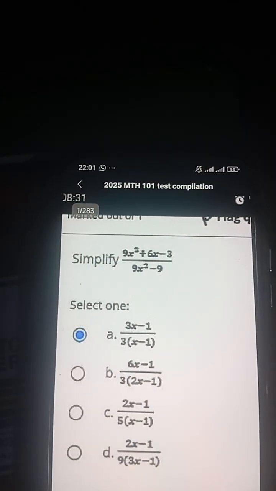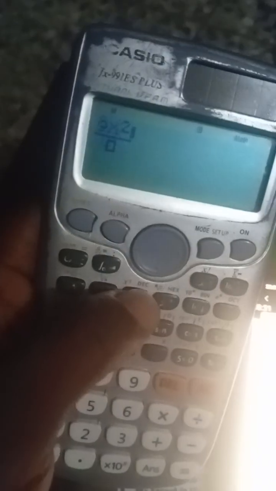To do that, you use this. Then try to insert the question here. So 9. To bring out x, you press alpha and this close bracket, because this close bracket is x there. I think I will explain that in the last class. So 9x squared. What I want to do is to put everything.